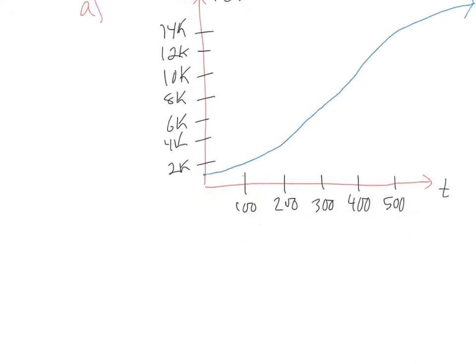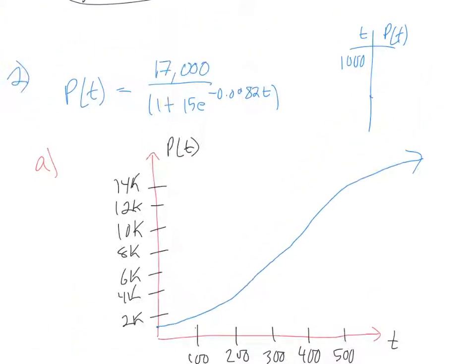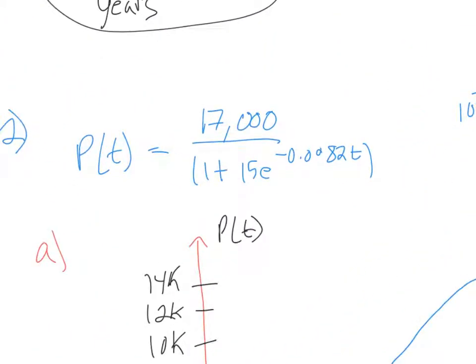What is the horizontal asymptote for part B? Horizontal asymptote. So basically, where does this function reach its maximum? Looking at this equation, the maximum is what's going to be on top here in the numerator.